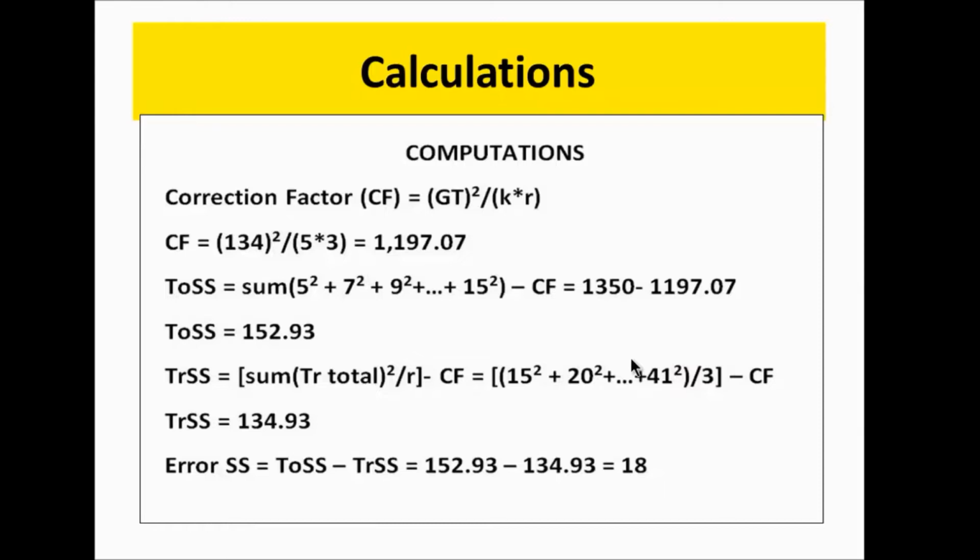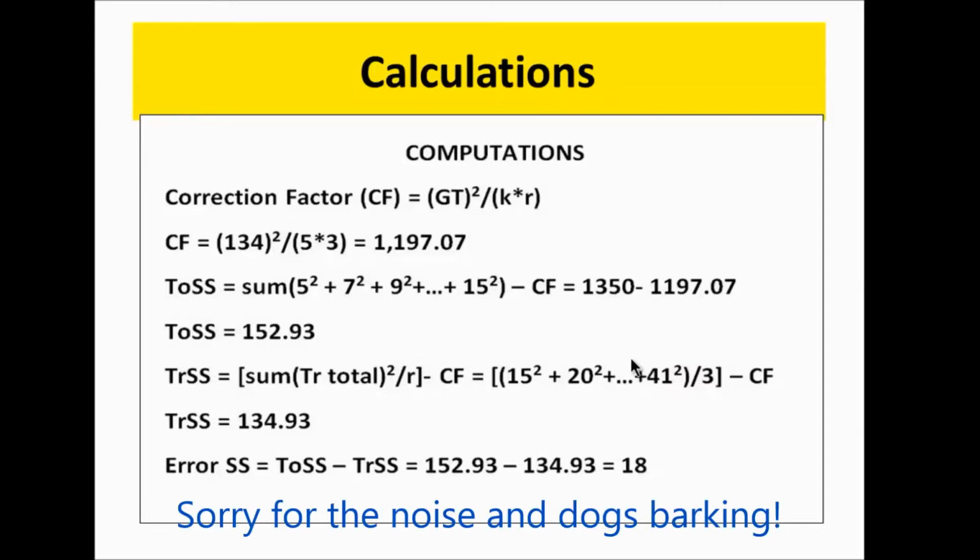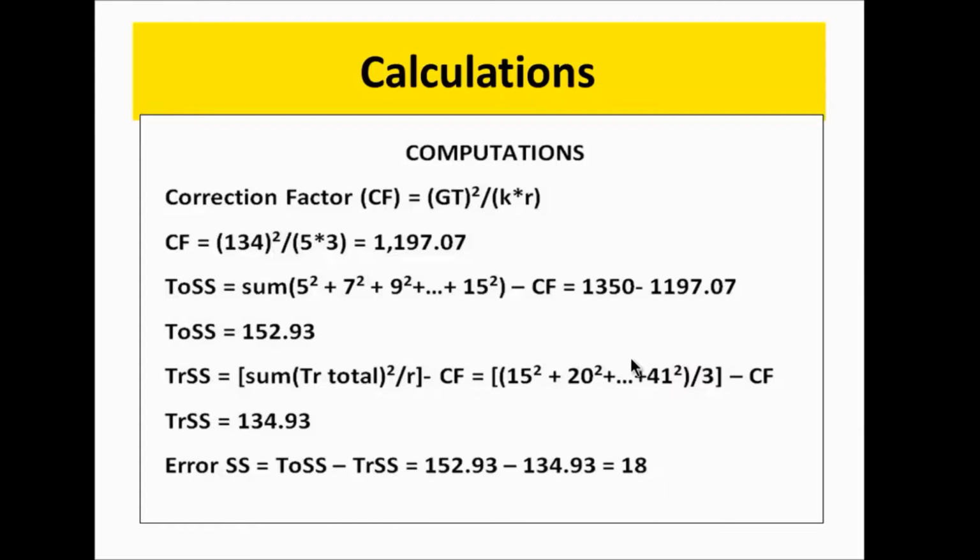Another entry in the analysis is what we call the total sum of squares. For all the 15 entries, we take the summation by squaring each number and then subtracting the correction factor.